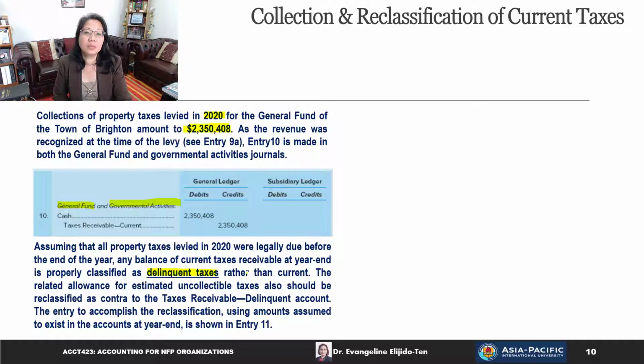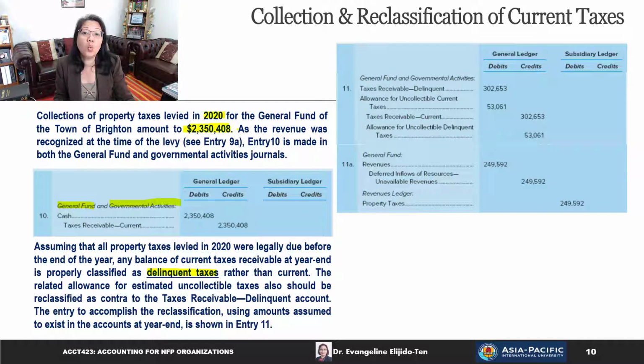So they should have collected the full amount, 2.6 million something, but they've only collected 2,350,408. So what happened to the rest? It's considered delinquent tax. So in entry number 11, we are going to reclassify these taxes receivable current, and we will now call them taxes receivable delinquent.